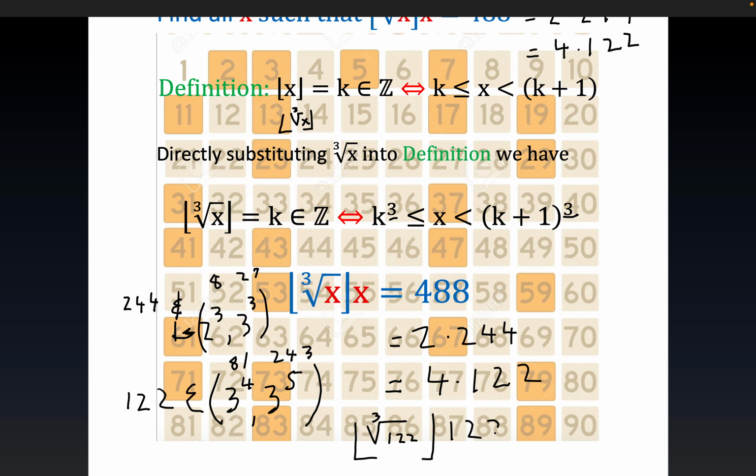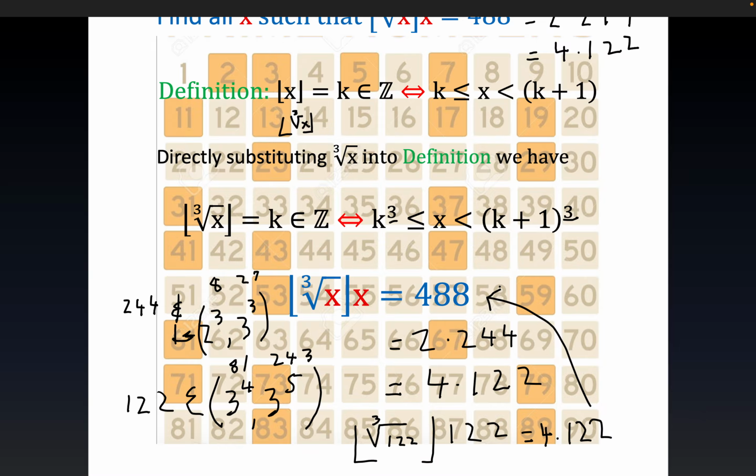But remember, we've just shown that this is 4. This is equal to 4 times 122, which is equal to this 488 up here. So you see, we found the solution here. The solution is x equals 122.